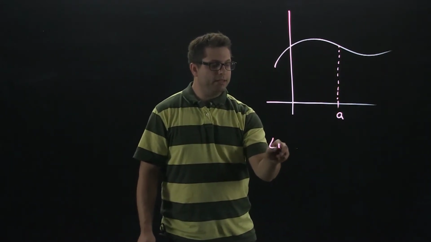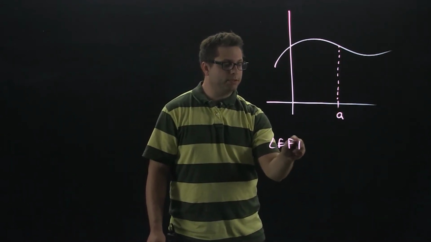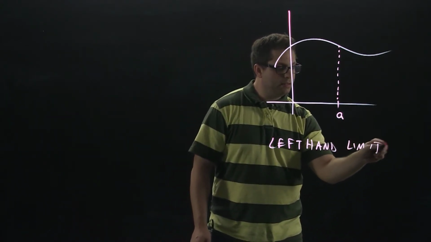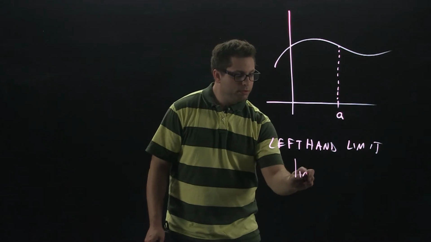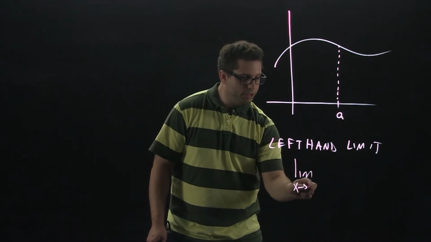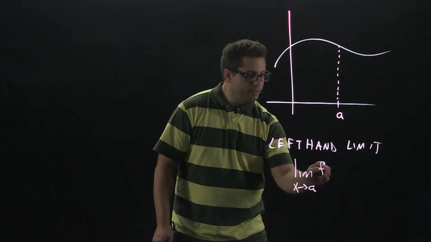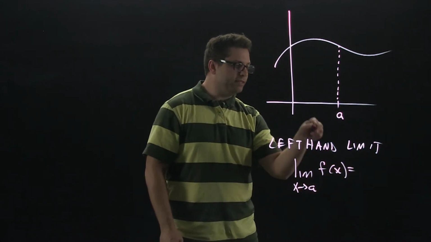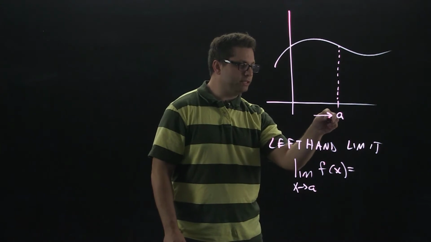So we have a left-hand limit, which is a one-sided limit. It will look exactly like the general limit, except that we're going to approach a from the left-hand side, coming in from this direction.